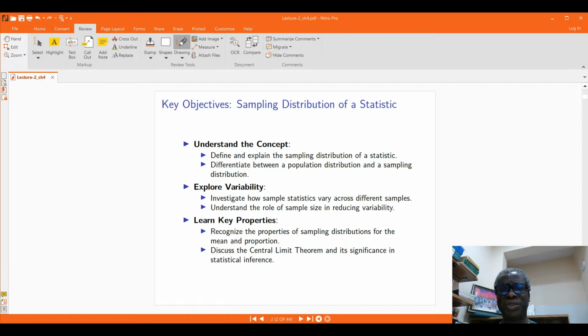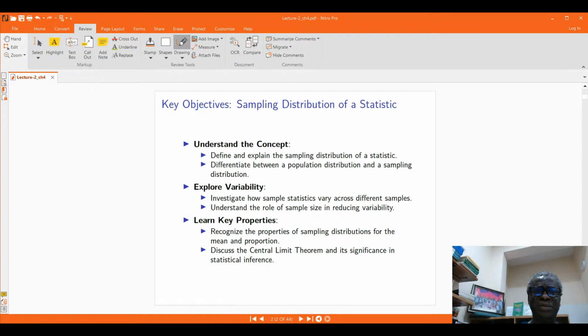Precisely, we are going to understand how sample statistics vary across different samples. And we are going to understand the critical role that sample size plays in reducing variability.